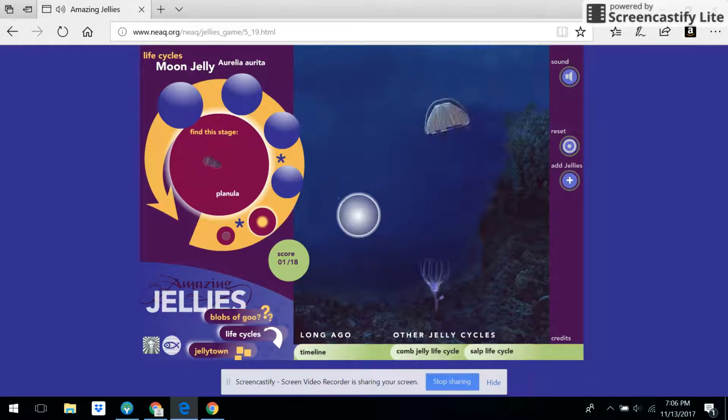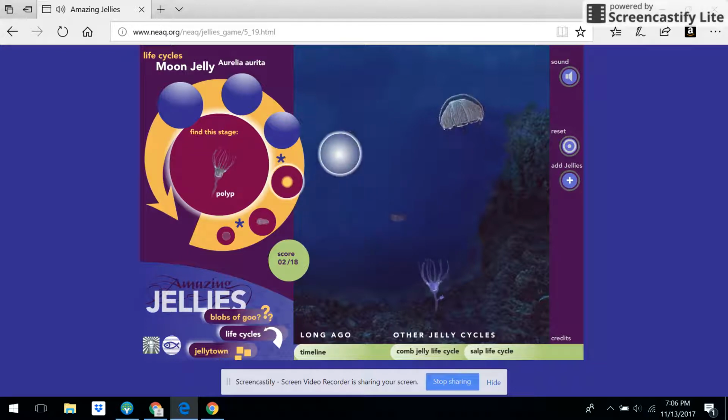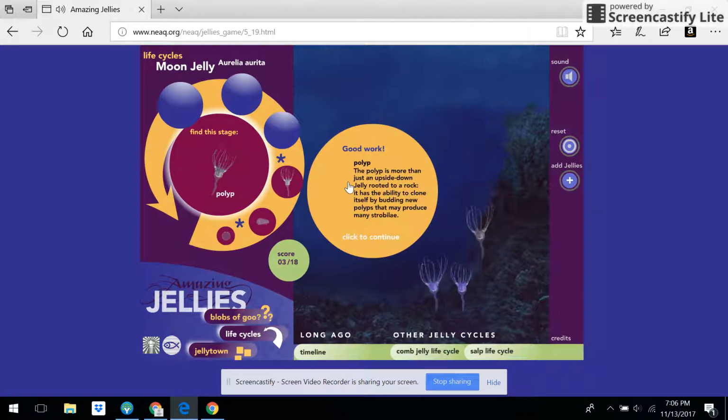Planula is another word for larvae. It's going to be floating around in the water until it finds a spot to settle down. As you can see, the planula is going to land on the rock here and then develop into the polyp stage. Once it's in the polyp stage, click on it and it'll tell you more about it.